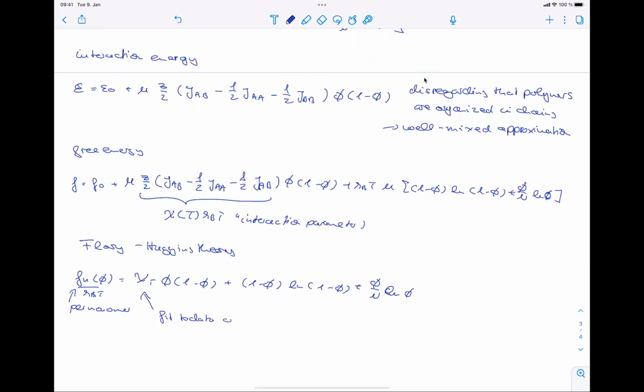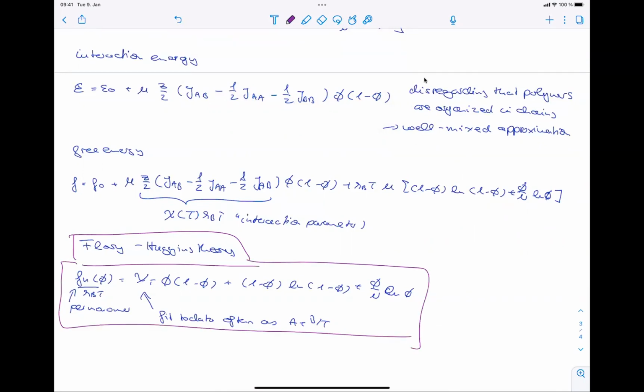And often the scaling is A plus B over T, so two fit parameters that are being used. And this is what we need for looking at droplet dynamics. Quickly.